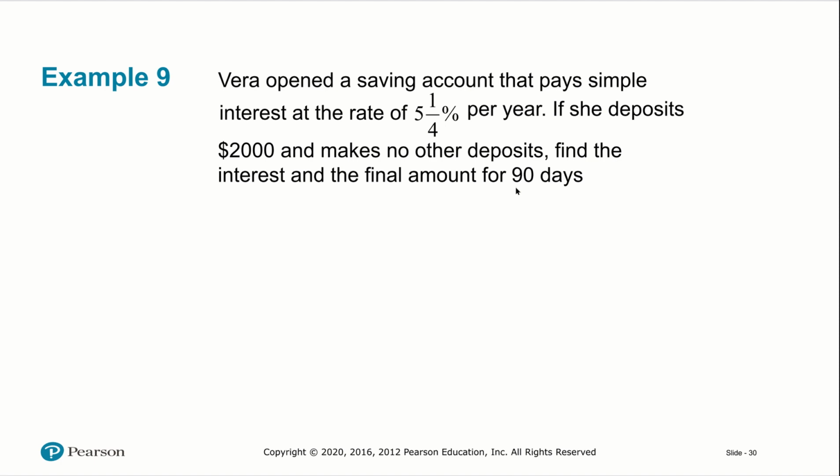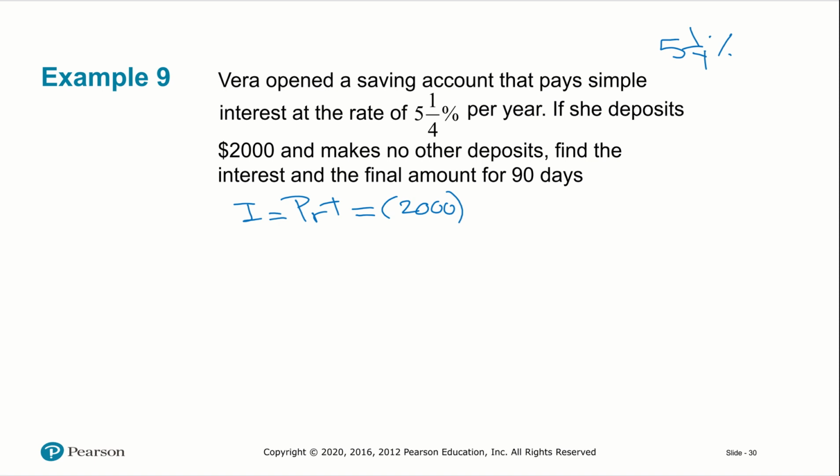All right, so remember that for the interest, it's the simple formula PRT. Now, when we plug into this formula, we go ahead and put in the 2,000, the principal amount. For the rate, we usually like to take that and convert it into a decimal.